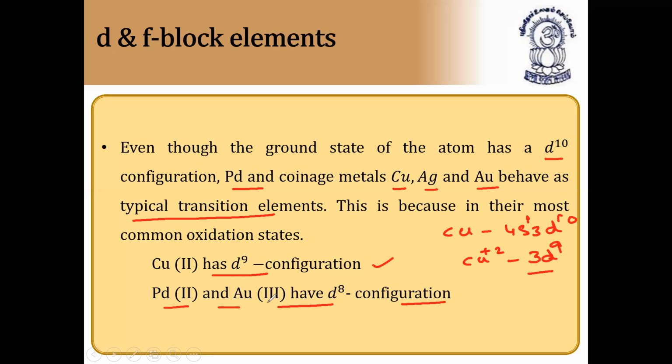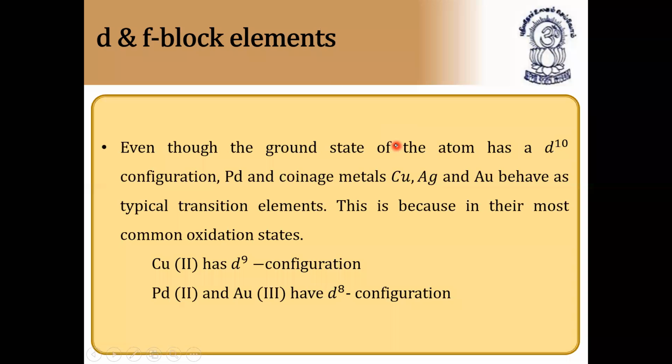Palladium 2 and gold 3 have d8 configuration. These are called typical transition elements. Even though the ground state of the copper atom has d10 configuration, palladium and coinage metals like copper, silver, and gold are considered typical transition elements. If asked which are typical transition elements, the options would be palladium, copper, silver, and gold.